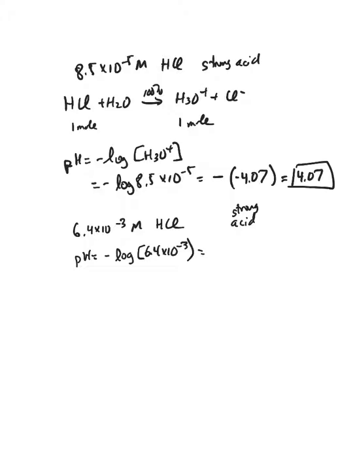So in my calculator, put 6.4, exponent, change sign, 3, hit the log button, and I will see minus 2.19. That's the log of 6.4 times 10 to the minus 3. But it's going to be a minus 2.19, so it's going to be 2.19.